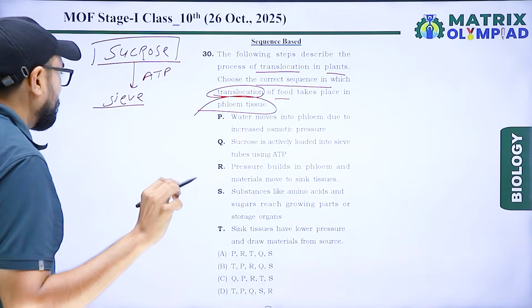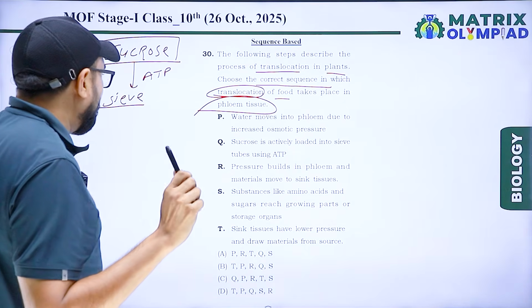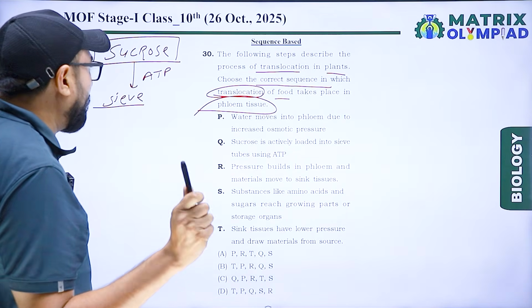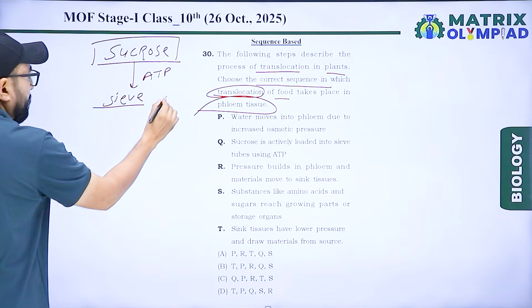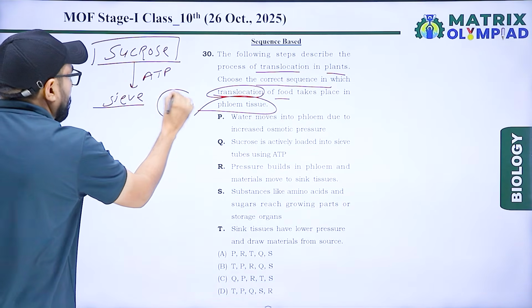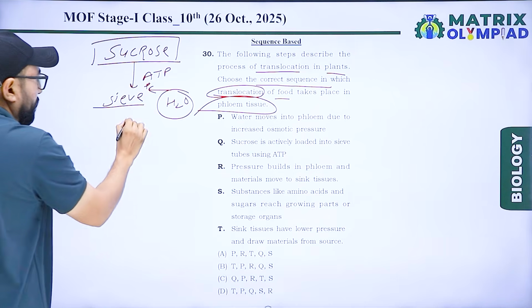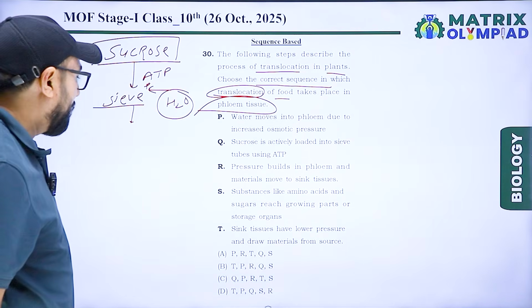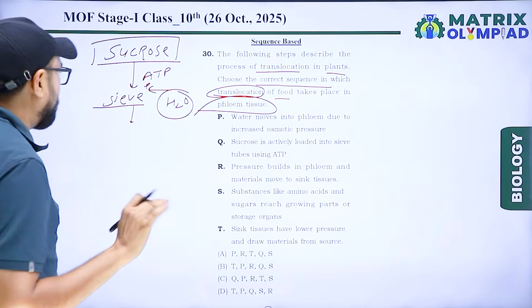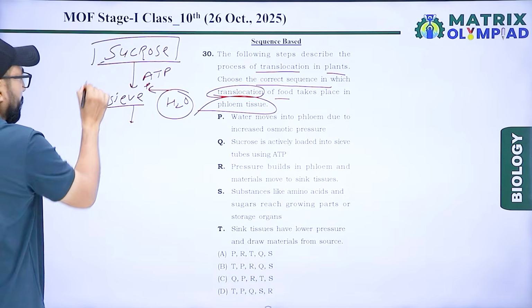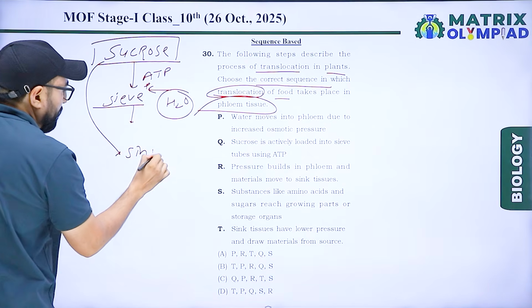And next, water moves into phloem due to increased osmotic pressure. Then pressure builds in the phloem and material moves to sink tissue.